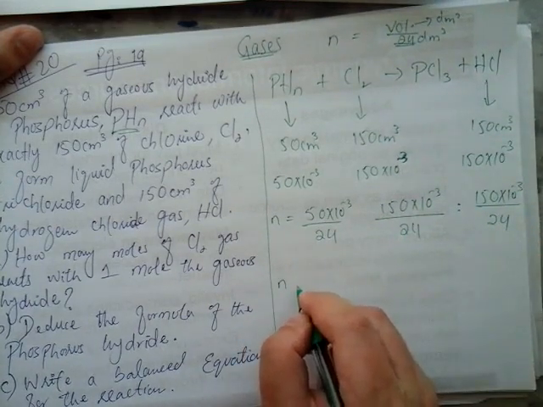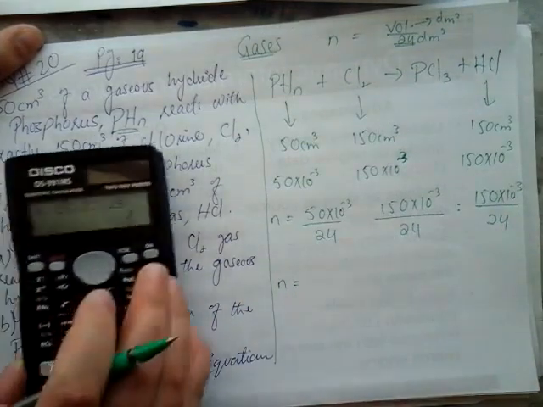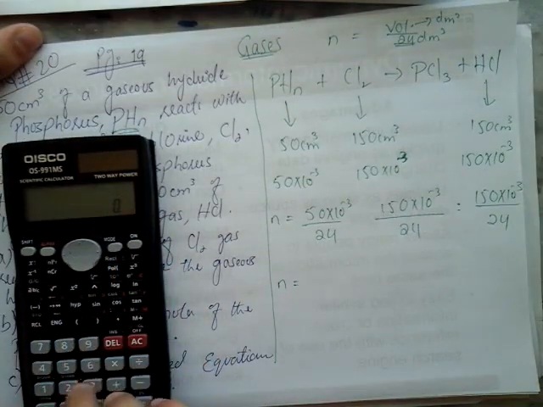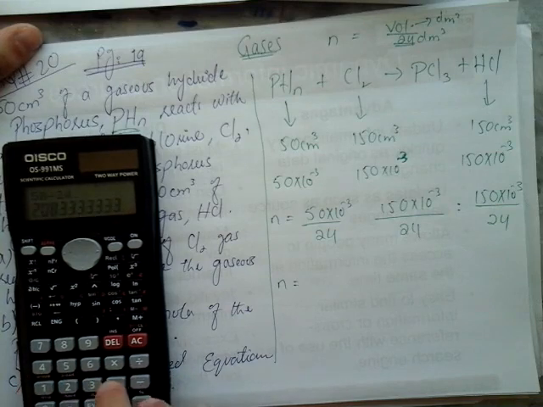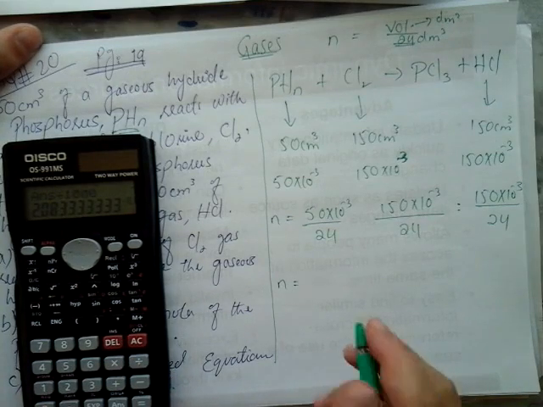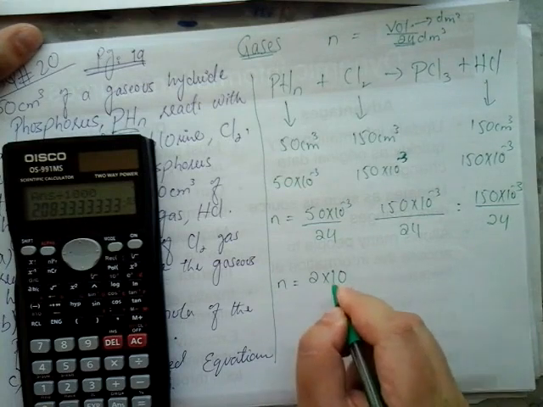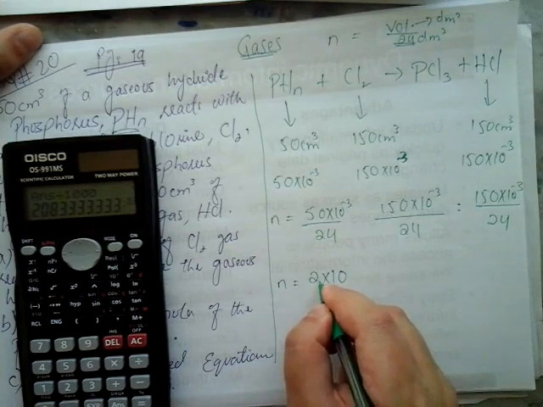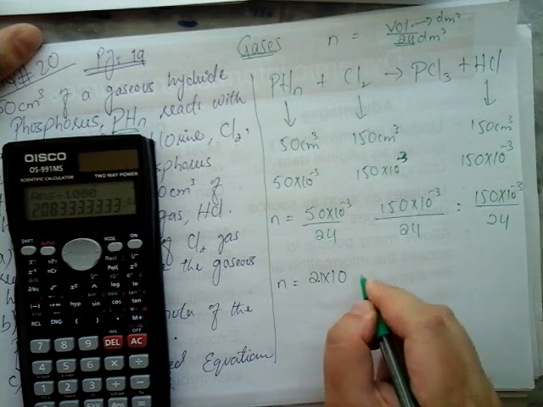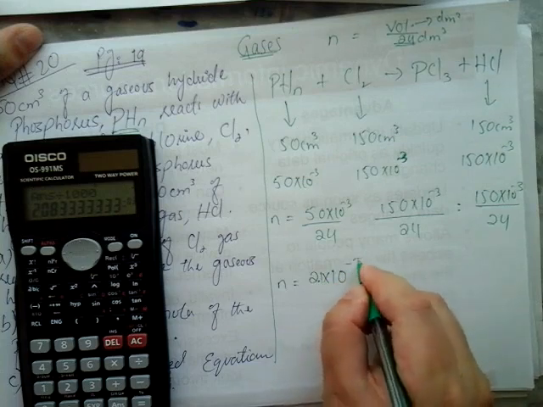So the molar ratios would come out to be 50 divided by 24 into 10 raised to power minus 3.